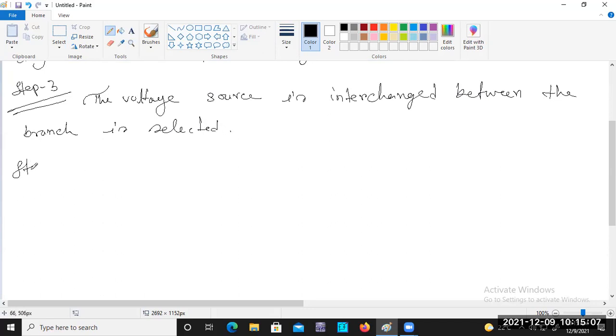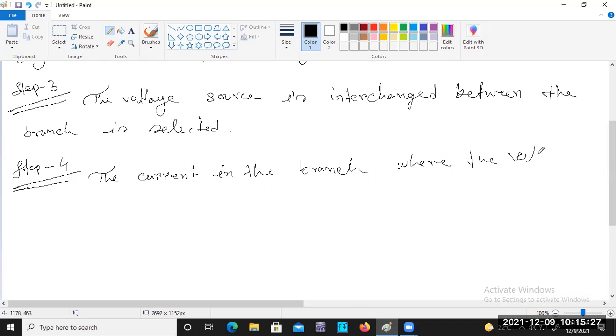Then step 4: the current in the branch where the voltage source was existing earlier is calculated.